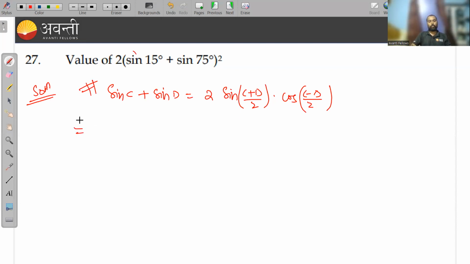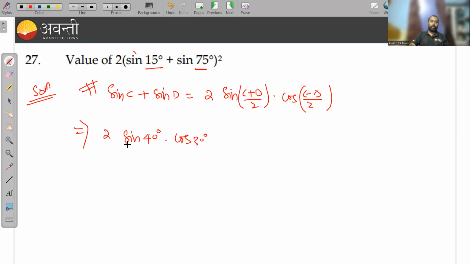That is 2 into sin of (15 plus 75) upon 2, which is 45 degrees, into cos of (75 minus 15) upon 2, that is 60 upon 2, which is 30.